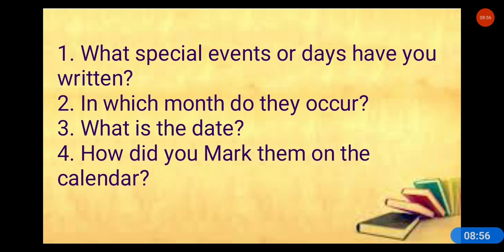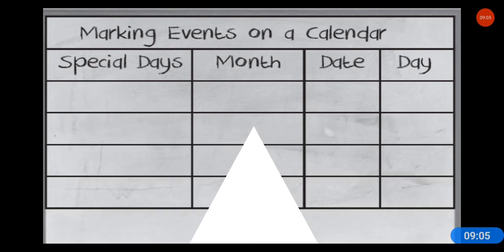What is the process you used to mark on the calendar? Okay, so I hope you have made this table like this and you have marked it. If not, then you can make it like this.